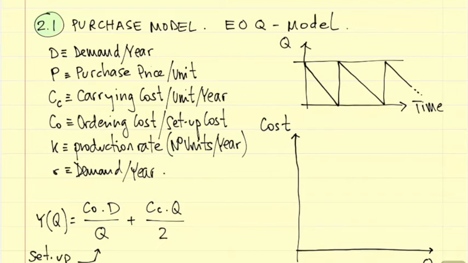We know this because this is the average demand, Q divided by 2.